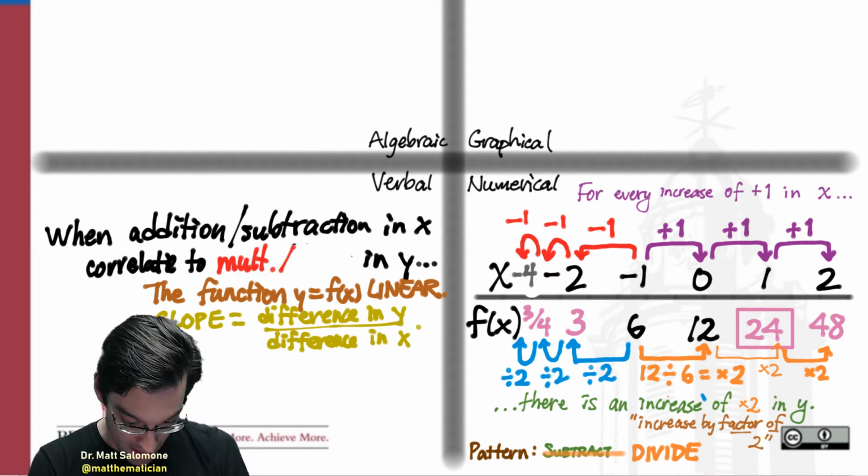Its graph is not a straight line. Instead, this function is called an exponential function. And of course, that is the type of function that we're studying today in this live stream. And every exponential function has parameters that are much like the slope and the intercept for linear functions.